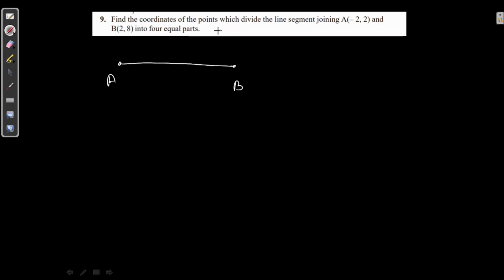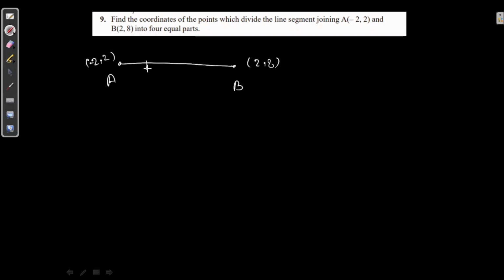The coordinate of point A is (-2, 2) and of point B is (2, 8). It is divided into 4 equal parts.